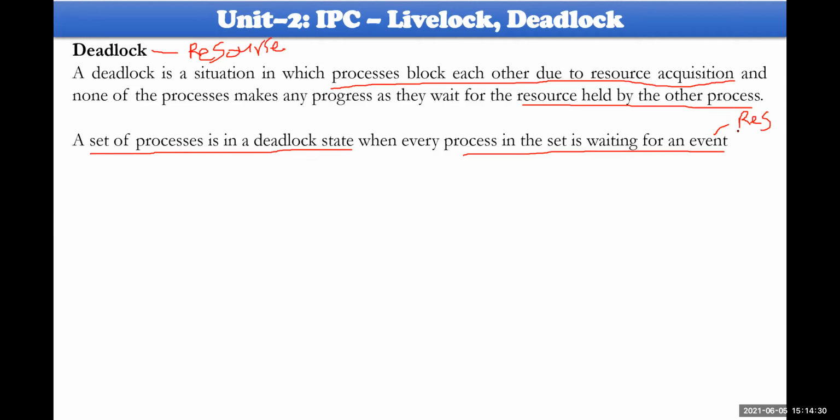So you get this deadlock here. This is also one of the definitions for deadlock. That event must be caused by another process in the same set, in the sense that resource allocation could not be done in a proper way by the operating system. Then it becomes a deadlock.